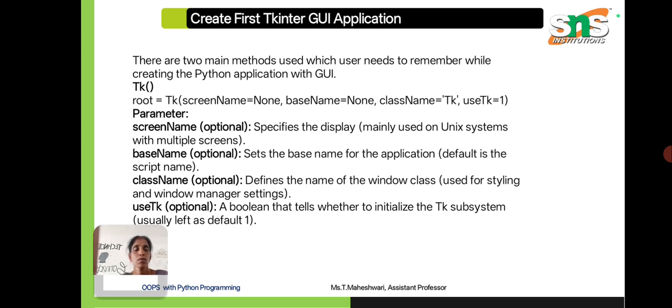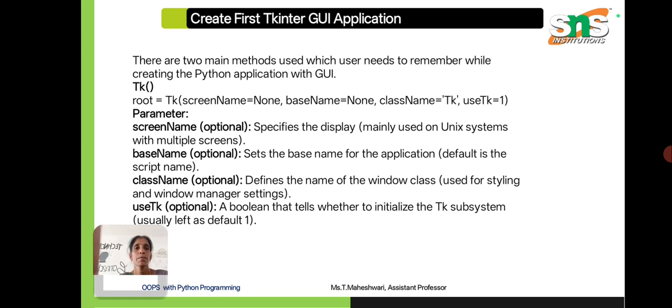For example, if we want to represent a program or application in a window, the screen name can be anything, according to the application or program. Here I gave screen name as None, base name as None, class name as Tk, and use Tk equal to 1. These are all the values passed to the root variable.